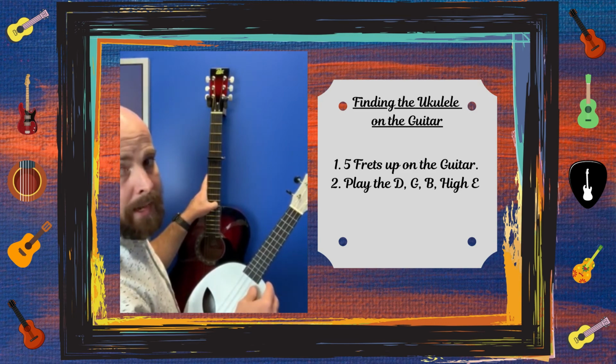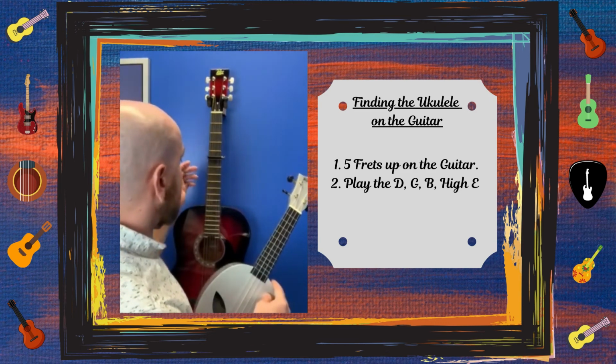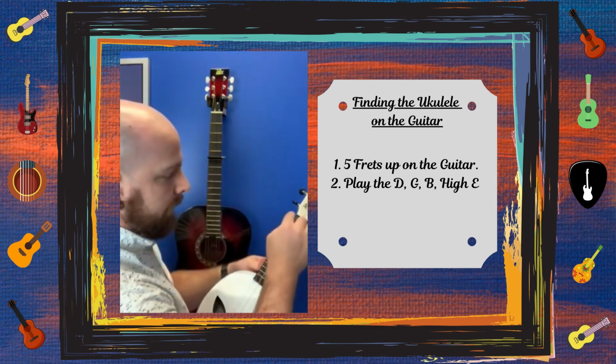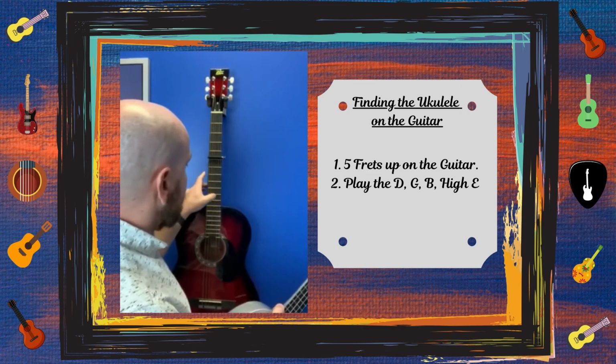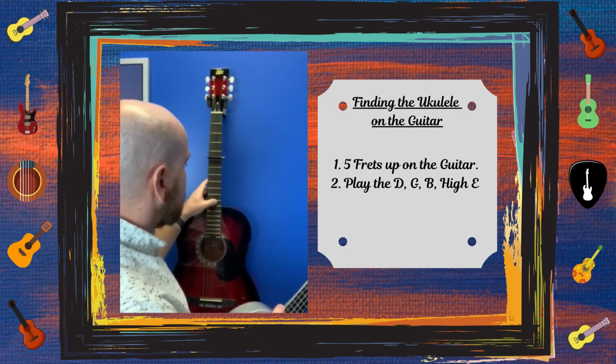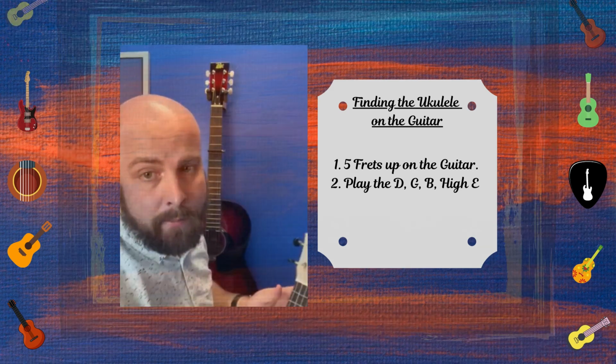That's your A on the ukulele. The only difference here is that your C string is an octave lower than everything else. So on the guitar, it's going to sound a little bit higher than it would on the ukulele, but they are the same notes.